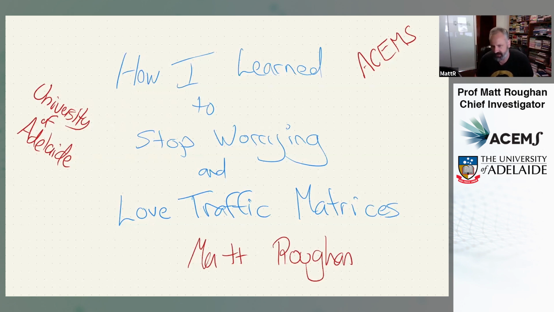I did my PhD in Adelaide, so I'm back at Adelaide now, but I did my PhD in applied maths at Adelaide on queuing theory. And back in those days, queuing theory, or at least the work that I was doing, was mainly oriented towards telecoms and solving problems to help telephone operators. But I was working on some pretty theoretical problems, and I had really no idea about data.